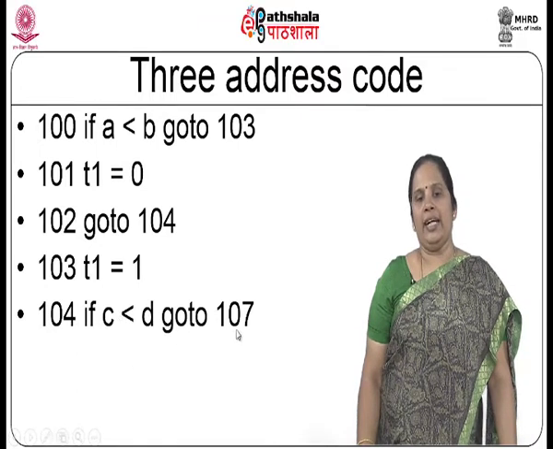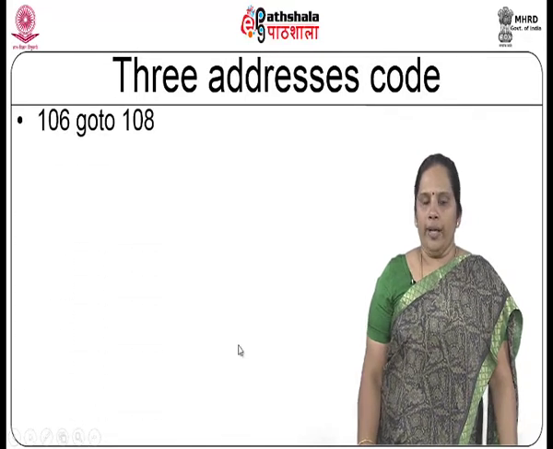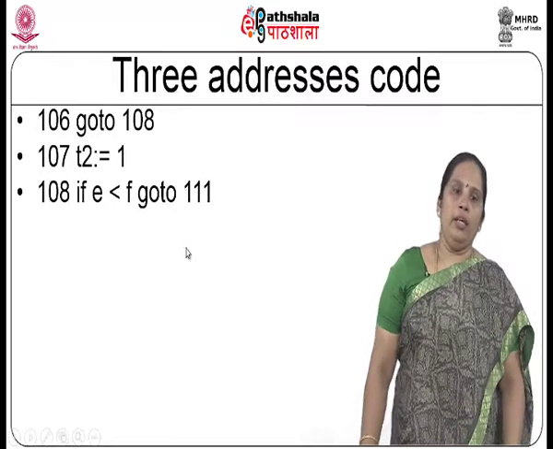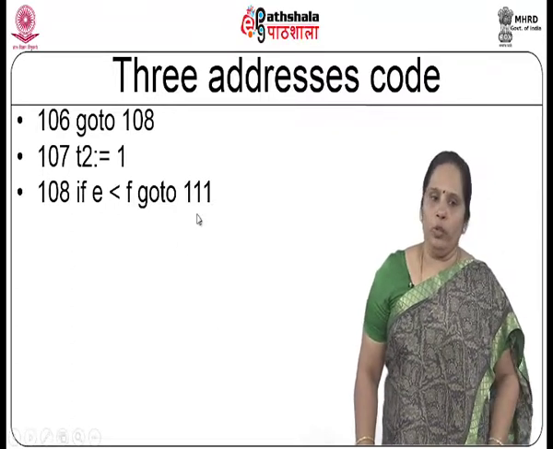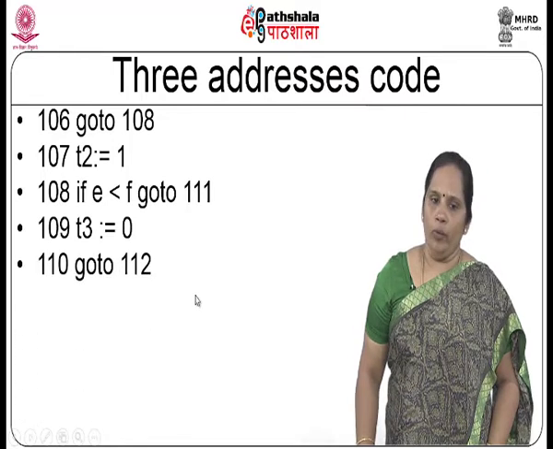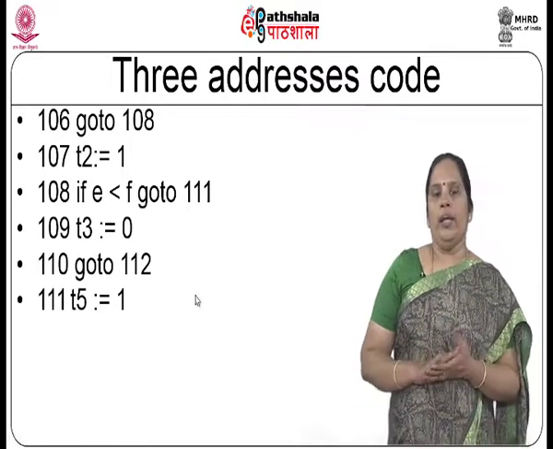So, if C less than D, go to 107, T2 is 0, again go to 108, T2 is equal to 1. Similarly, if E is less than F, go to 111, T3 is 0, go to 112, T3 is equal to 1. Okay. So, what have we done?